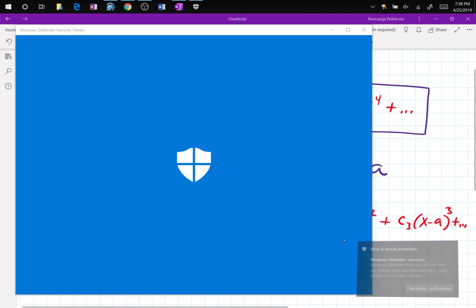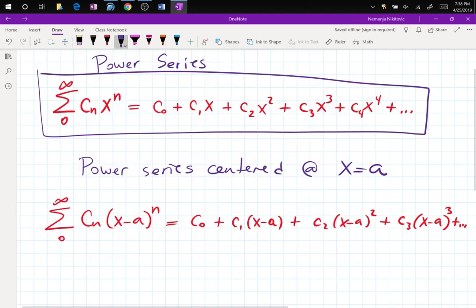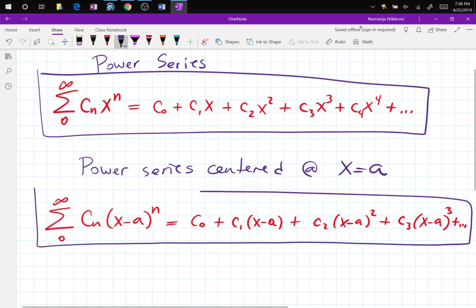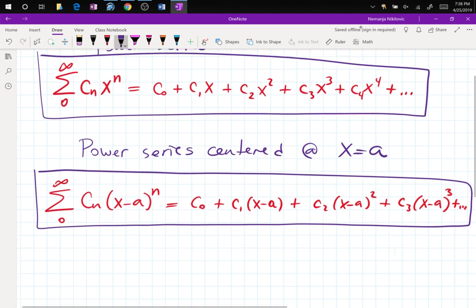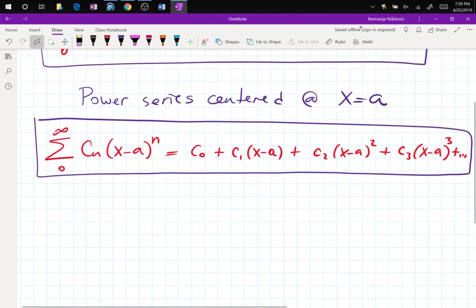So these can be centered at a value. Now we'll see why we need them, right? Now let's take a look at these approximations.